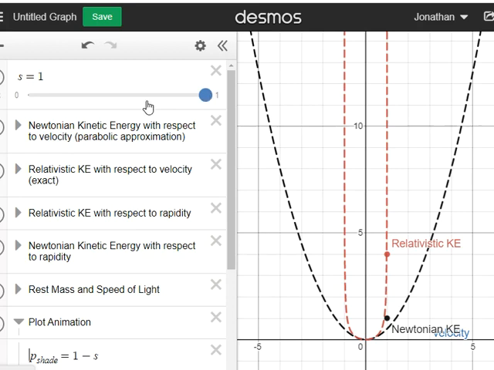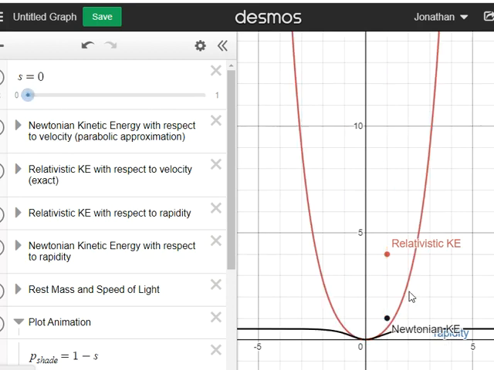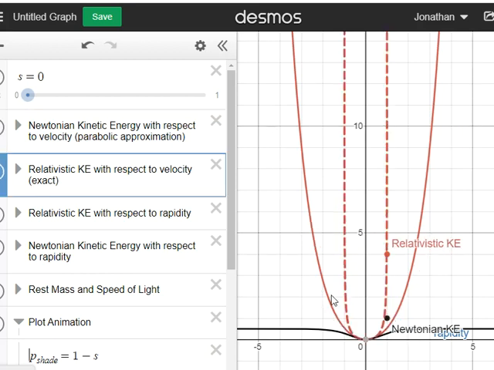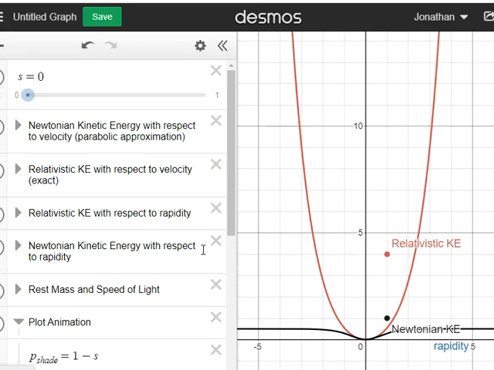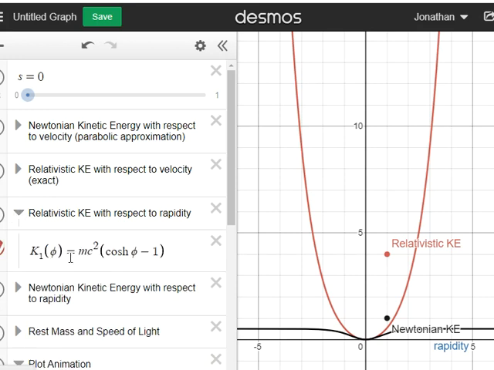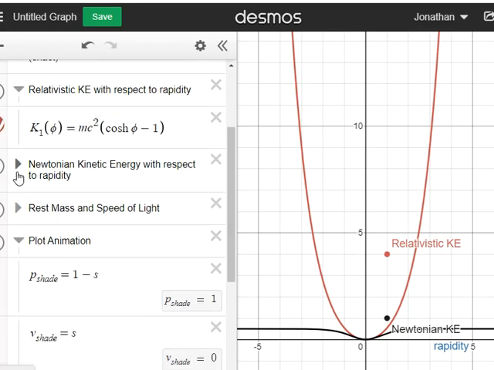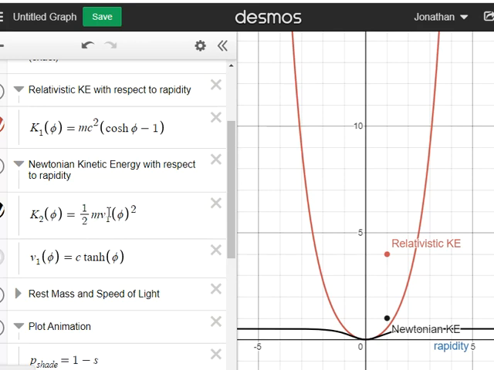So now I'm going to look at things with respect to rapidity. I've changed the horizontal axis label here to rapidity, and we can see that the relativistic kinetic energy with respect to rapidity is mc squared cosh phi minus 1, while the Newtonian kinetic energy with respect to rapidity is still 1/2 mv squared, but we're also defining v to be a function of rapidity, which is c times the hyperbolic tangent of the rapidity.